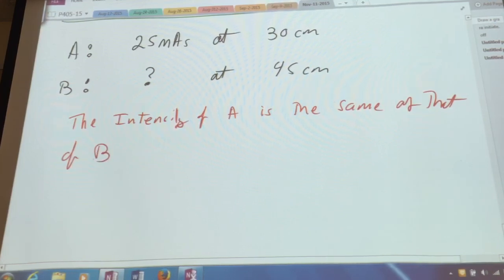Then you get another little sentence to go with this: the intensity of A is the same as that of B. So your goal is to figure out what MAS for B would have the same intensity as A. Another way of asking the question.